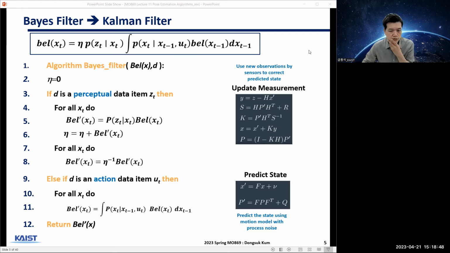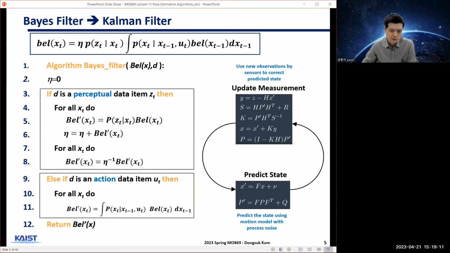Last time we introduced how this happens. These 2 parts are working together sequentially but iteratively, recursively, and that exactly happens for the Kalman filter.